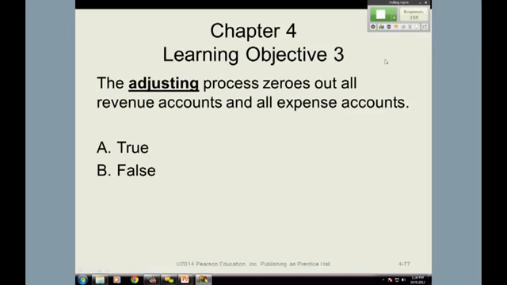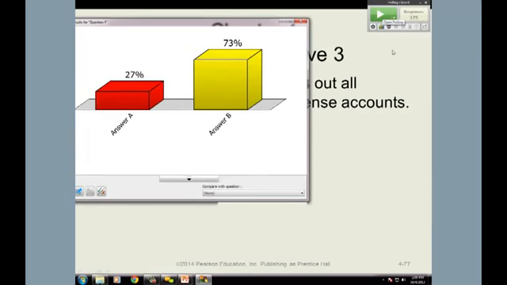How can anybody get that one wrong? It says the adjusting process closes out or zeroes out. Can't get that wrong. It's false. The closing process. Okay, it's the closing process.